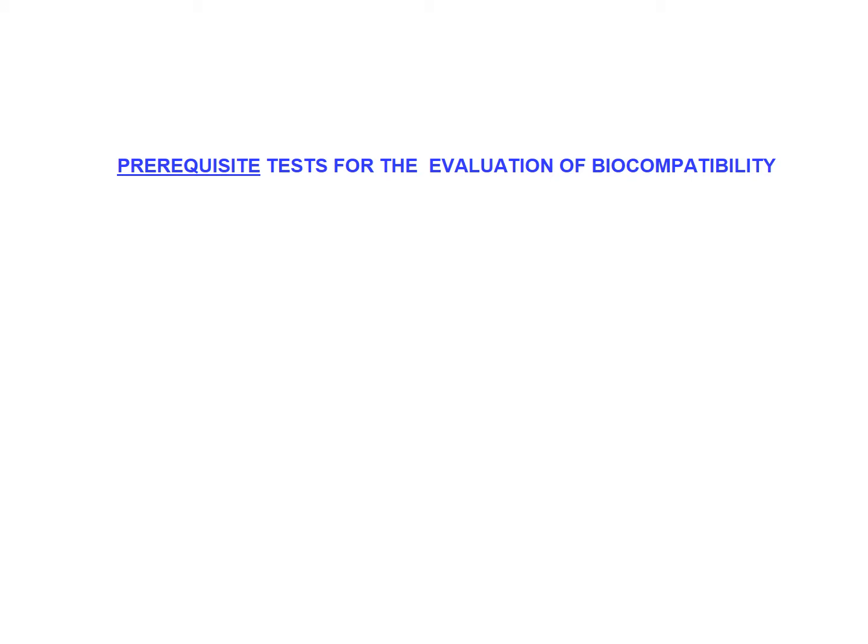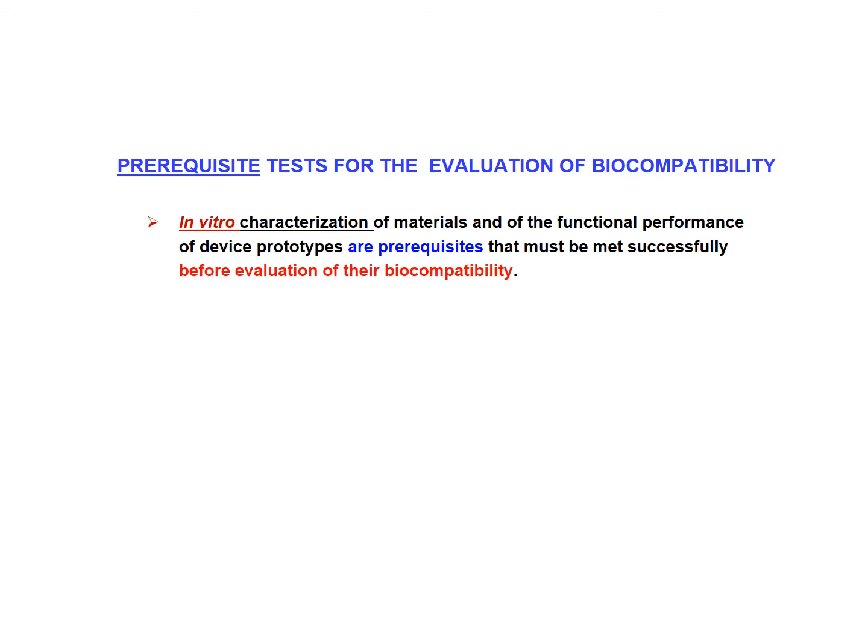Before we start the review of the various stages and tests which are required in order to establish the biocompatibility of materials, a reminder regarding the prerequisite tests which must be completed successfully before any evaluation of biocompatibility is attempted, namely that the materials and pertinent devices must be characterized in vitro regarding their functional performance.